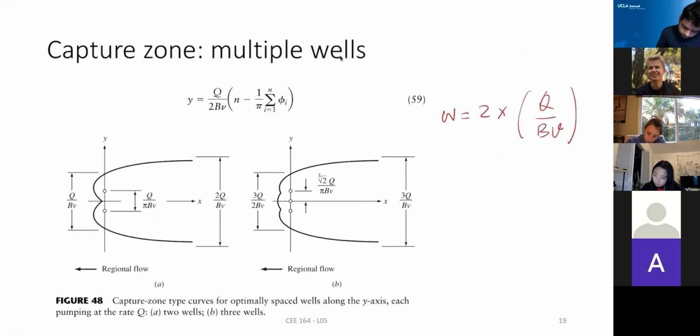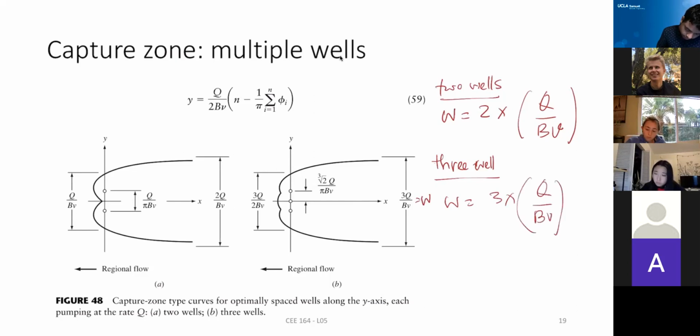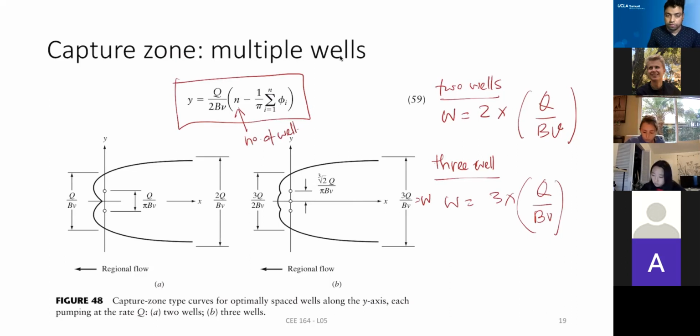If it is 3 wells, the width, this is W, should be 3 times Q over BV. So this is the equation for number of wells. So this N is the number of wells. If you plug this value, you should be able to get the answers.